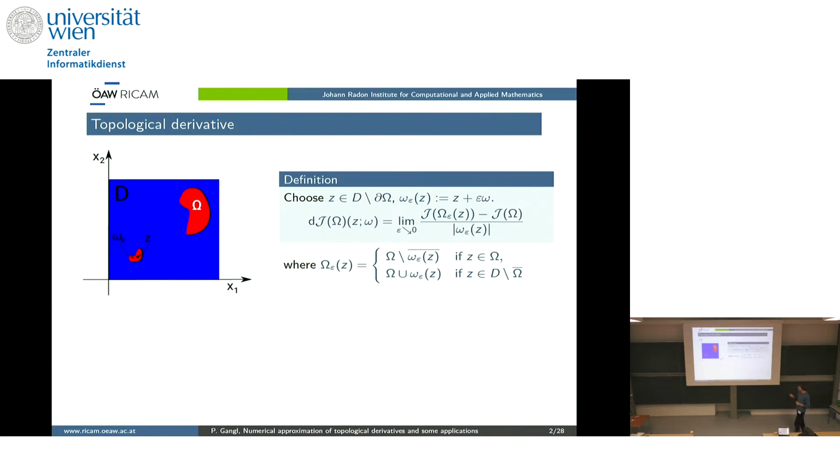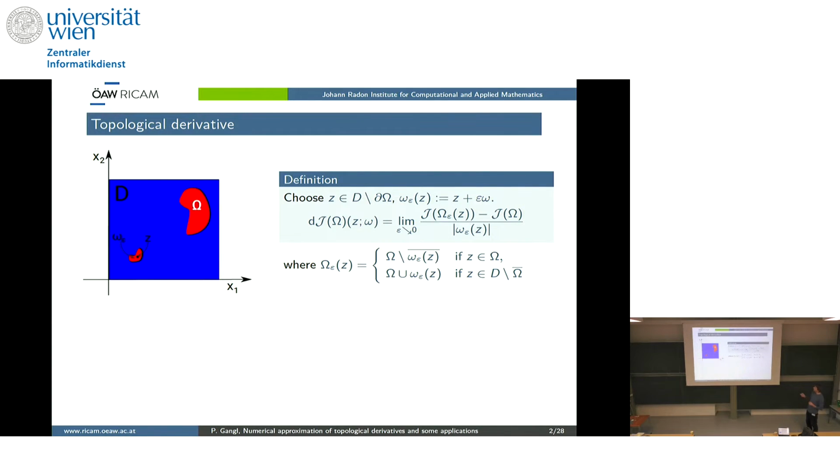So imagine we're now perturbing the domain omega by introducing a new component in the other subdomain, or we could also say we perturb the blue domain by introducing red material around a fixed point z. So we choose a fixed point z in either the red or the blue subdomain, and we introduce a perturbation.